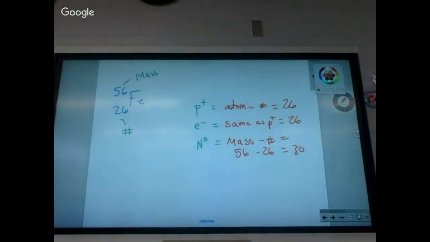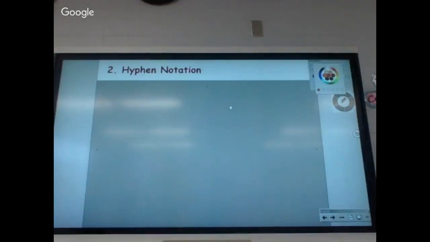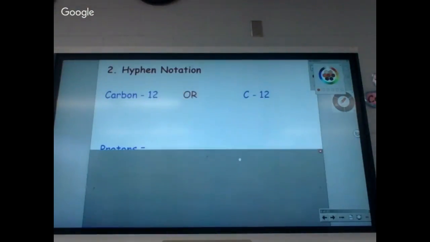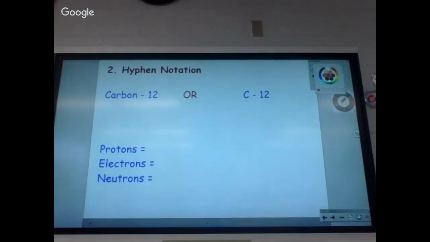All right, so let's try a different kind of notation. It's the second way you're going to get it. All right, this is called hyphen notation. I like this notation because it's a whole lot easier to type. The downfall is you get how many numbers? One.